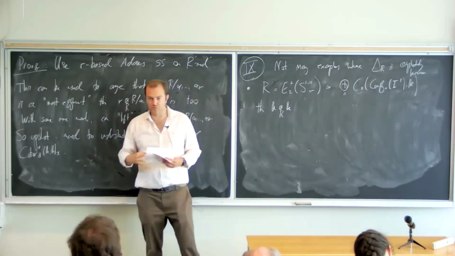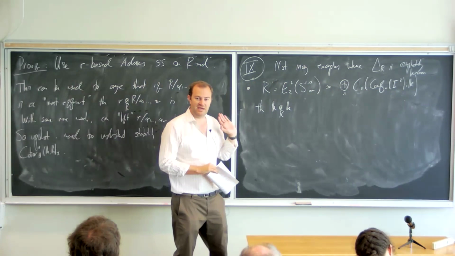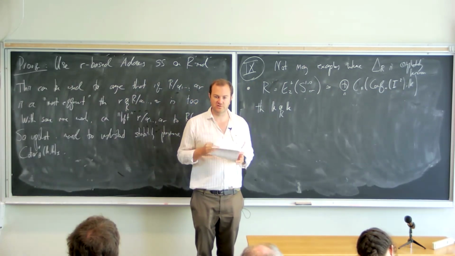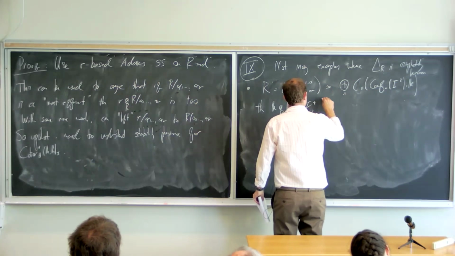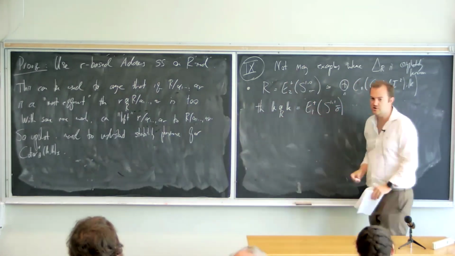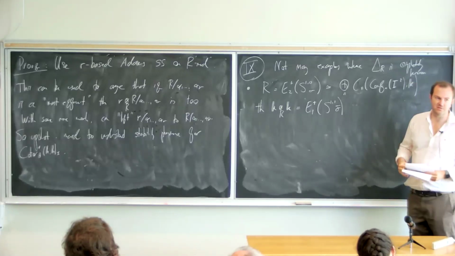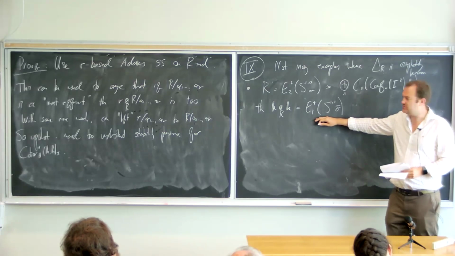It's a general fact that when you take a bar construction of a free EK algebra, you get the free EK minus 1 algebra on the suspension of the generators. So here you get the free E1 algebra on a 1,1 cell whose name is sigma bar. An E1 algebra is also known as a tensor algebra.